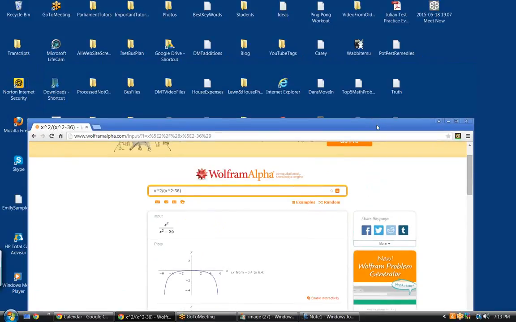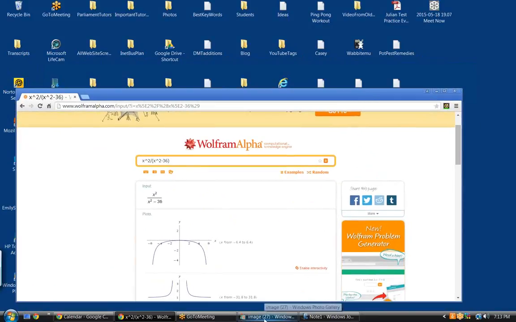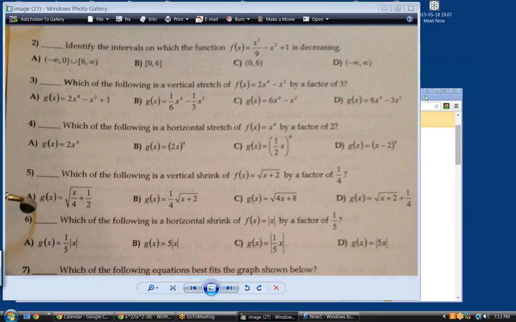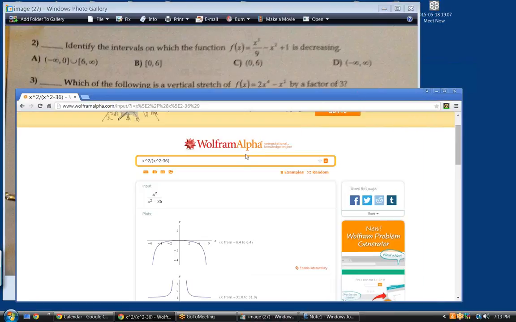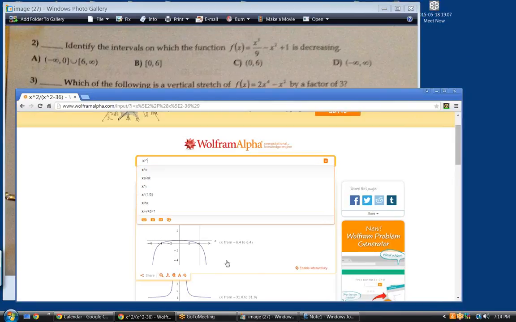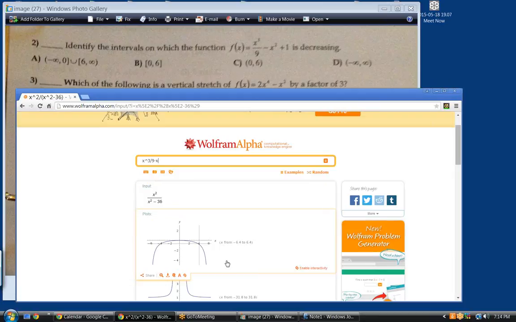Let me just graph these as we come to them. What is this? x cubed divided by 9 minus x squared plus 1.